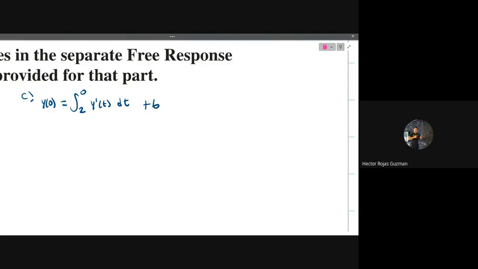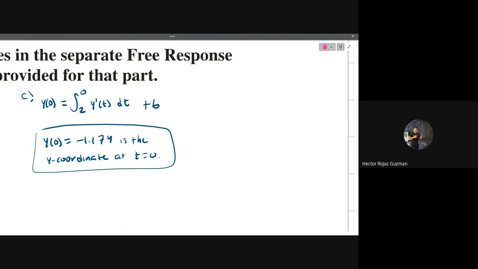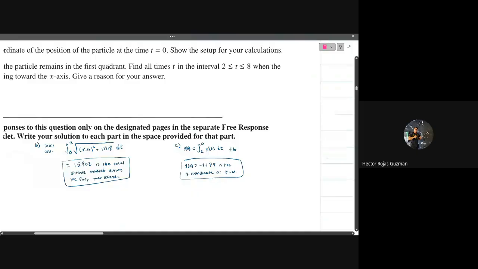You don't have to flip your integral. The position is going to be negative 1.174. Is the y coordinate at t is equal to 0. Okay, nice, we're doing good.